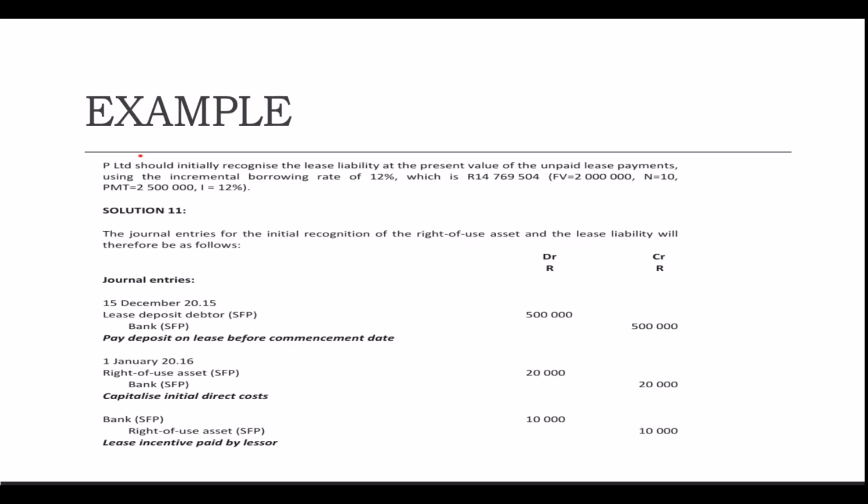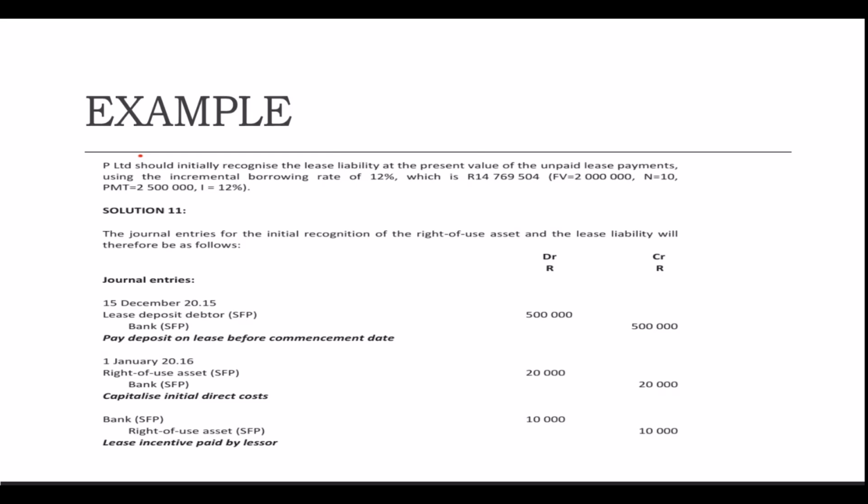Future value is 2 million. Your N is 10 because the lease is for a period of 10 years. Your payment, you say 2.5 million PMT. Because you have said 2.5 million PMT and N is 10, the calculator knows that you are paying 2.5 million rand every year for the next 10 years.